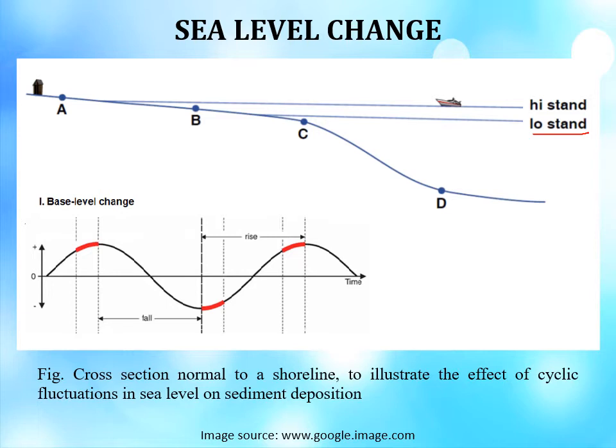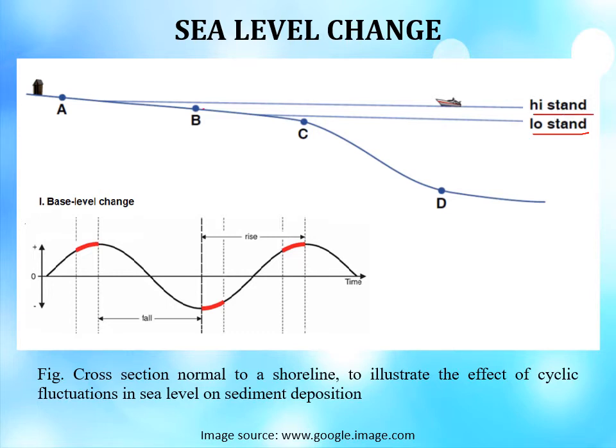We take the present day mean sea level as the standard value of sea level height or sea level depth, and with respect to the present day sea level we consider whether the sea level of any area during any time is higher or lower. Depending on that, we introduce the term high stand and low stand.